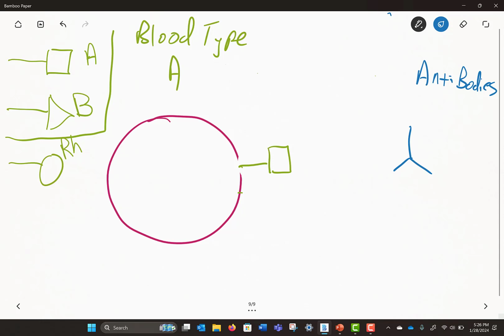So, our antibodies, some of them will be shaped so that they would fit against antigen B. Here we can see this little triangle receptor, and another triangle receptor, and another triangle receptor, shaped to fit the triangle shape of antigen B. If there were to be an antigen B that shows up in our body, it would have these antibodies stick to it like a puzzle piece.